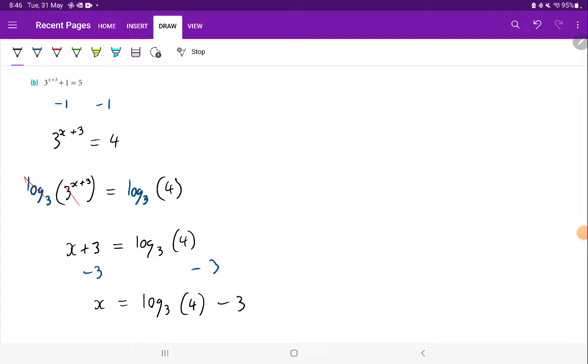And I can't really combine these things together because remember, the subtraction index law only works when we're dealing with things that have the same base log, and 3 isn't currently being taken in that sort of way.